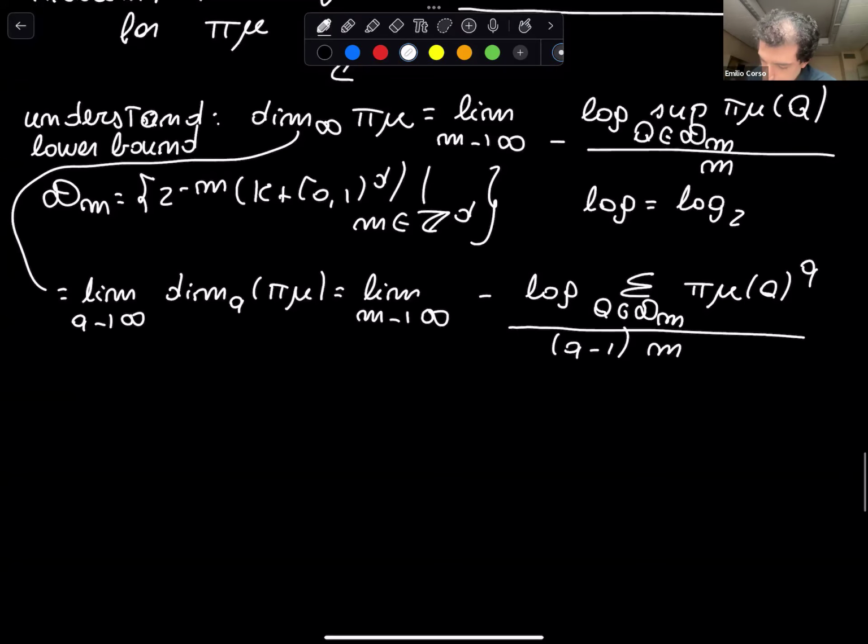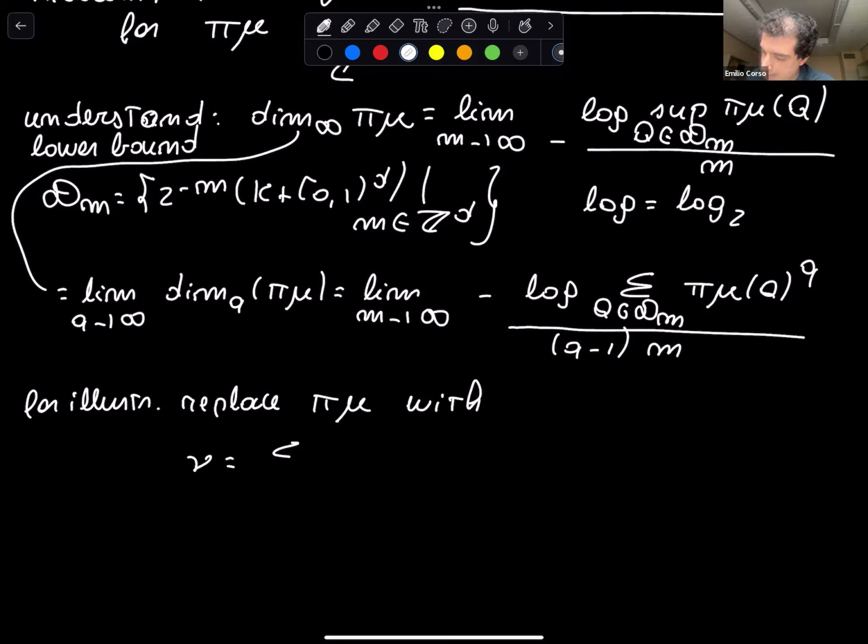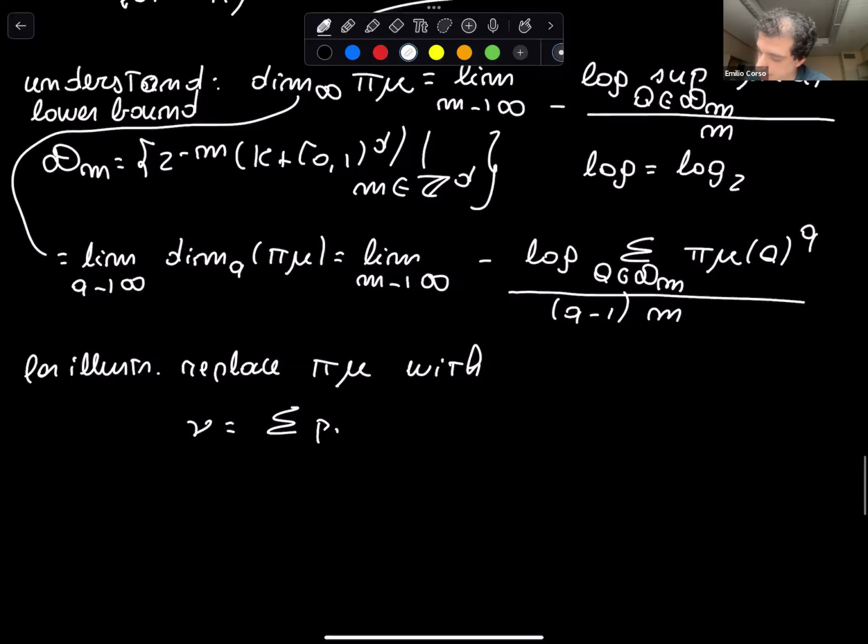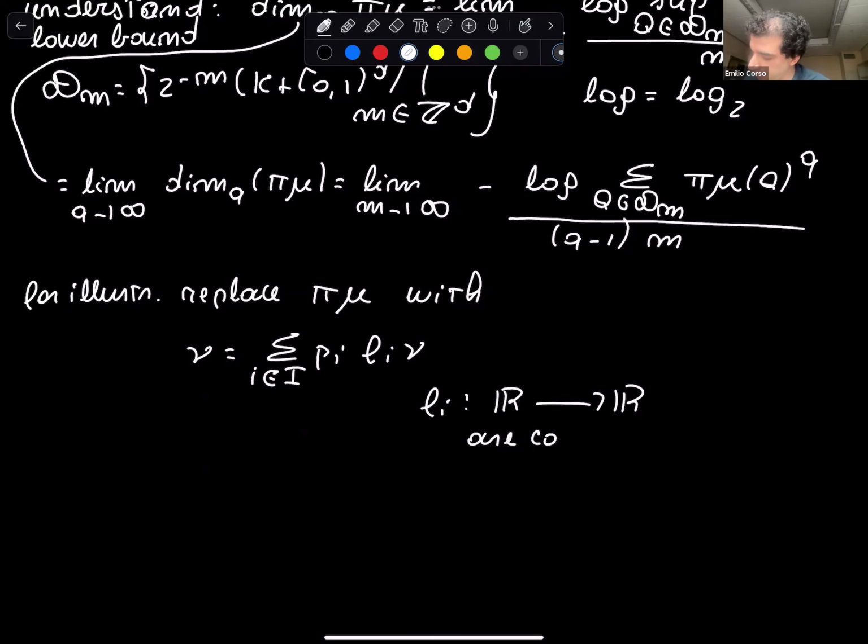So let's assume instead, for illustration, that we replace π μ with some ν, a homogeneous self-similar measure, so it satisfies the natural self-similarity relation, ν equals the sum of p_i f_i ν, where the f_i, say on R, are contracting similarities and p is a probability vector.